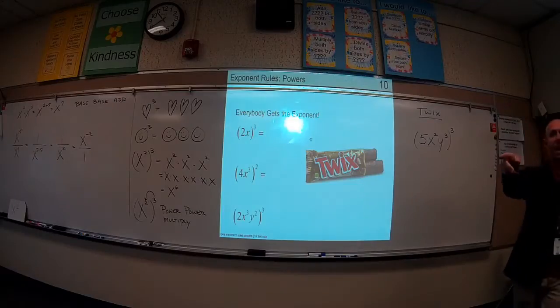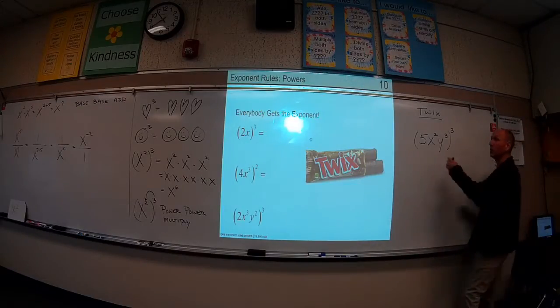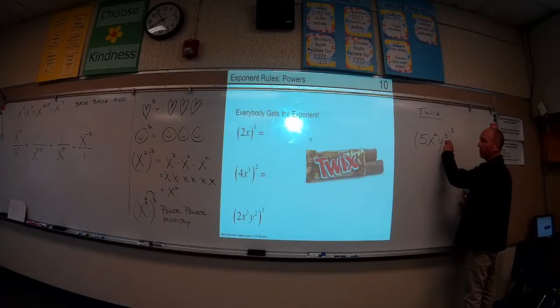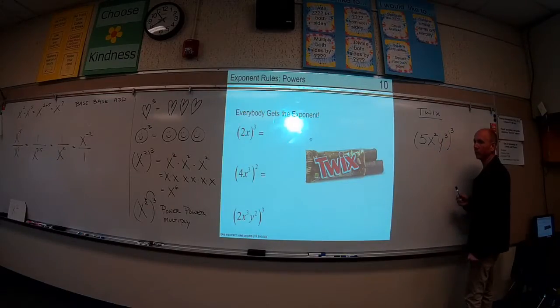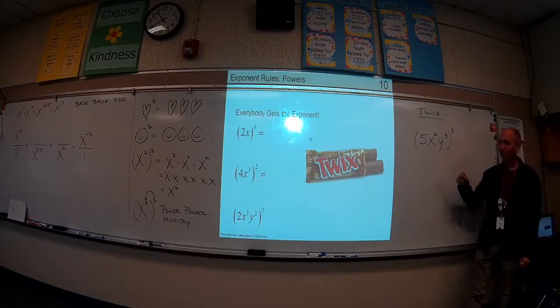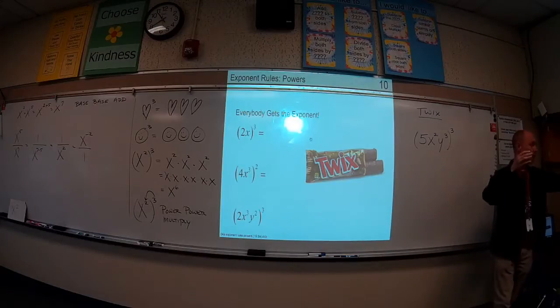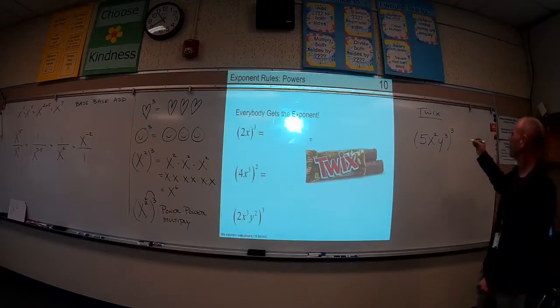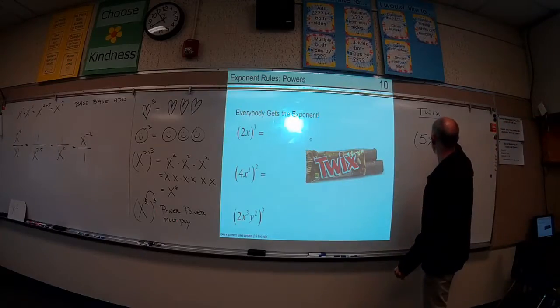Ava, what is 5x squared y to the third, to the third? 5x squared y to the third times 5x squared y to the third times 5x squared y to the third. So if you wanted to, you could write that thing out 3 times, but we don't want to do that. What we're going to do is draw arrows.